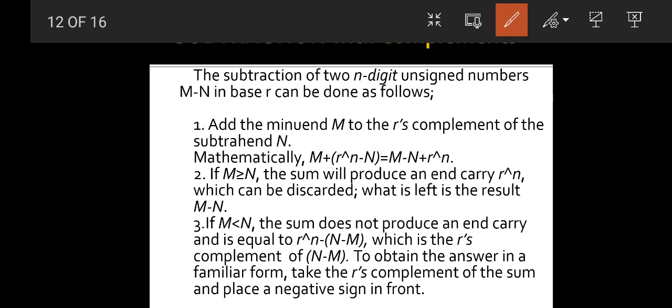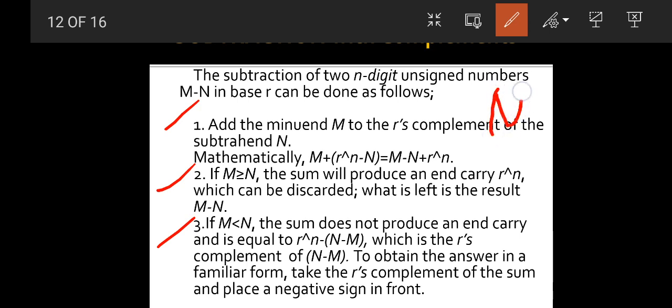You have 3 steps when you want to use the complements of numbers. The first one is you have to add the minuend M to the R's complement of the subtrahend.